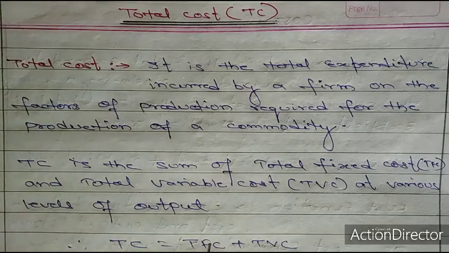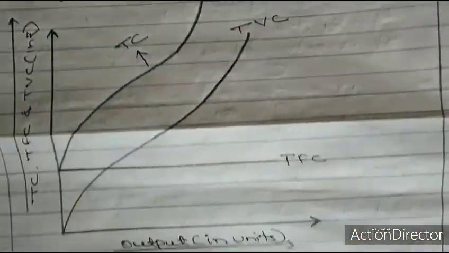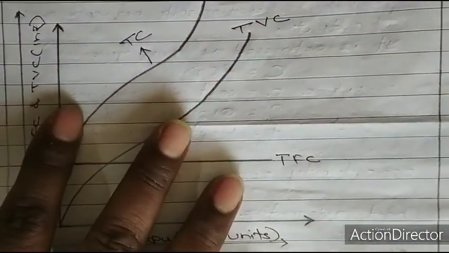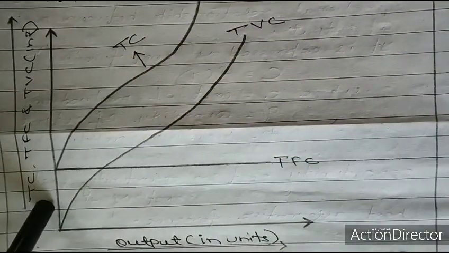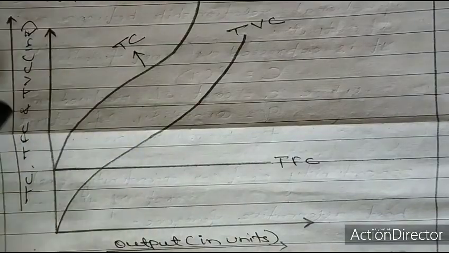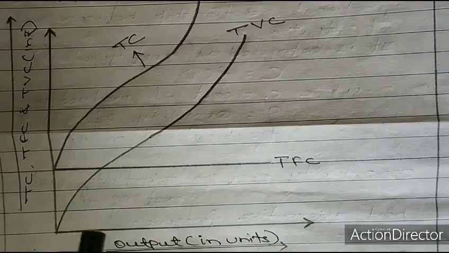You can see here on the screen the curve of total cost. Here we have taken output on the x-axis, and total cost, total fixed cost and total variable cost on the y-axis.